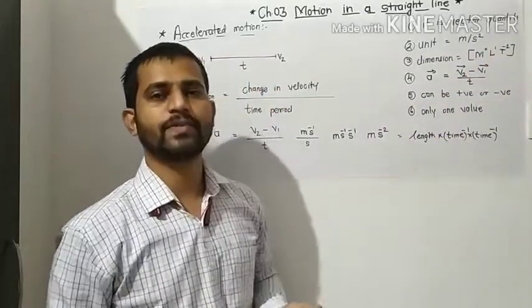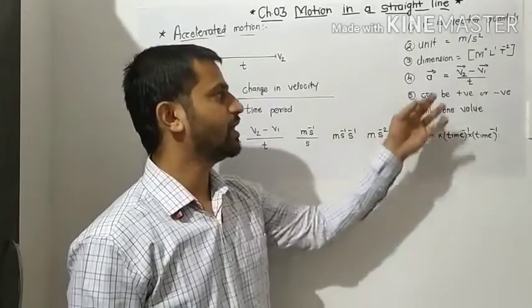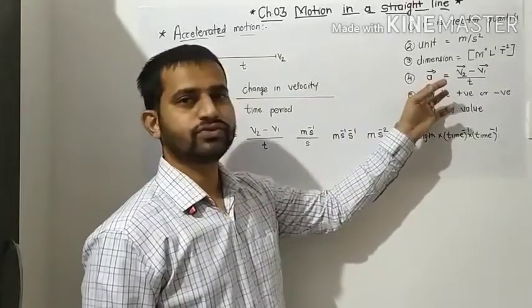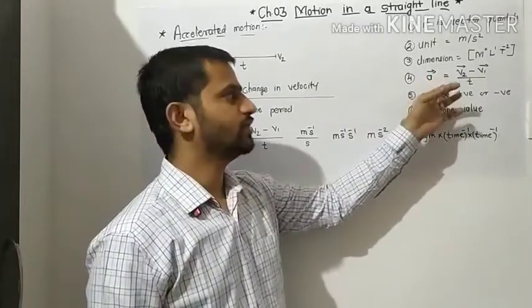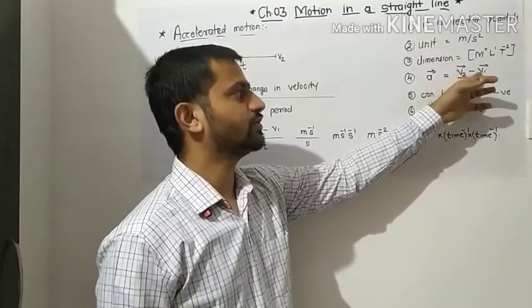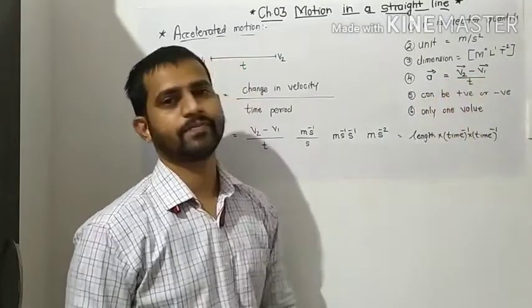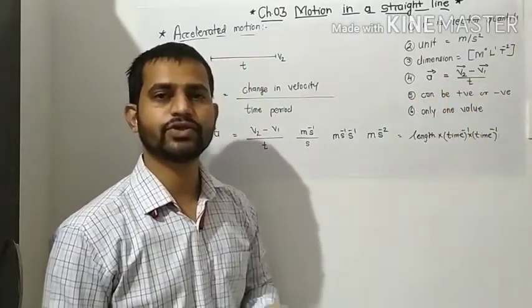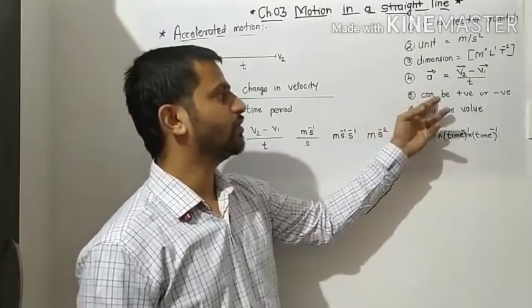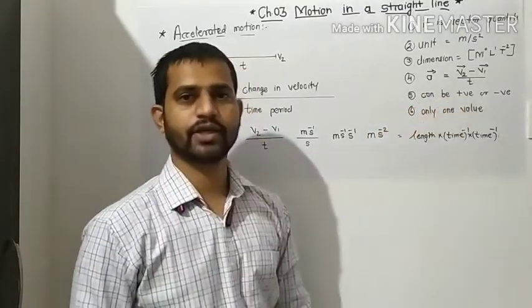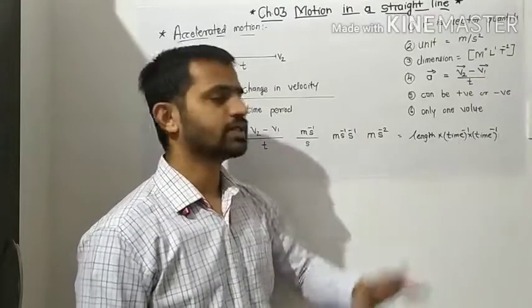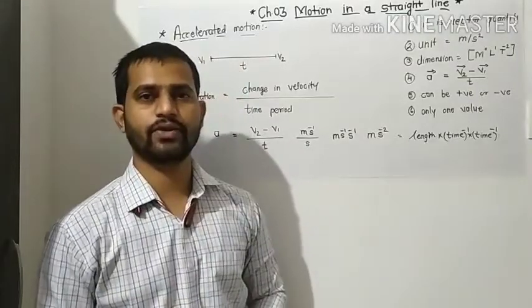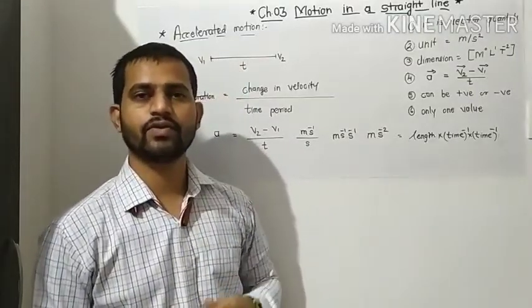Now how to represent the acceleration? It is represented by vector a is equal to vector v2 minus vector v1 upon t. And as the velocity can be positive or negative, the value of the acceleration can be positive or negative, and acceleration can have only one value.